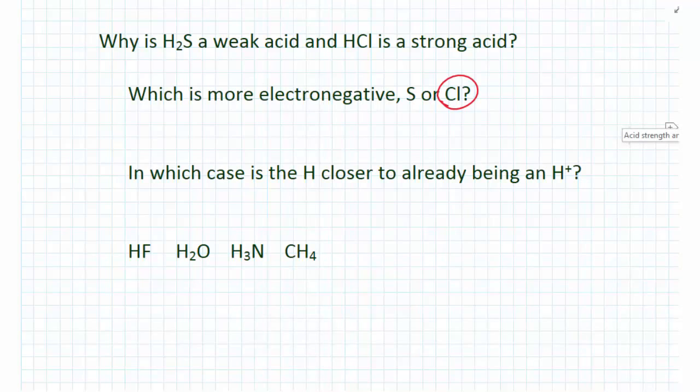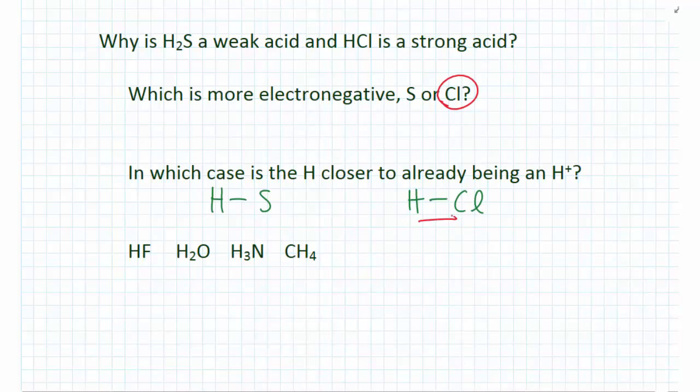Let's draw an HS bond and an HCl bond. You said that chlorine is more electronegative. That means this bond will be more polarized, partial negative, partial positive, less so over here. In which case is the H closer to already being an H plus? It's a neutral H in these compounds because it has its own electron and it's sharing an electron from the other one. But if something is strongly pulling the shared electron density away, the limit to that is completely removing both of those and we're left with an H plus.